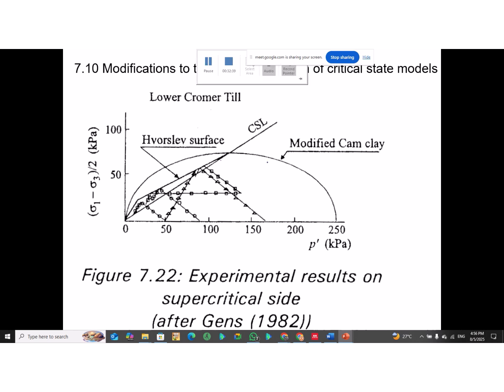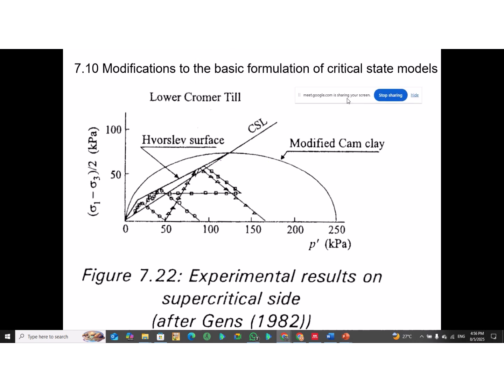Then modifications of the basic formulation of critical state models. Like I always said before, we are always trying to find the best of these models that can fit what we find in natural soils or natural materials.